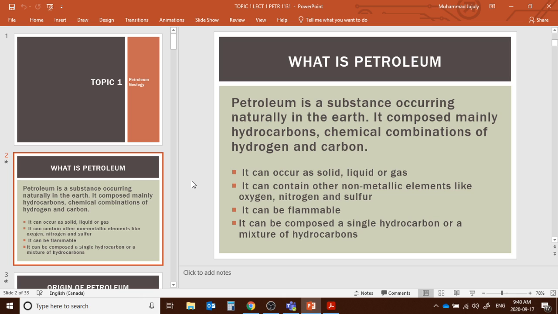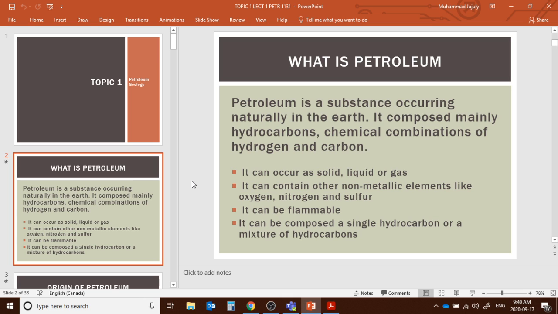Okay, and it can be flammable, of course, mostly. Some of them are not. When the carbon chain grows higher in number, it may not be flammable. It can be composed of a single hydrocarbon, which is more flammable, or a mixture of hydrocarbons.